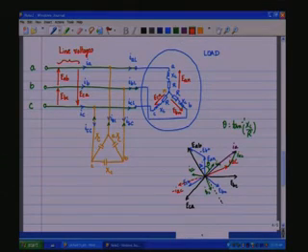We add a line parallel to IAL here, and then we would have IA. This would be IA under the condition that we are using this capacitive reactance to pump back the reactive power.